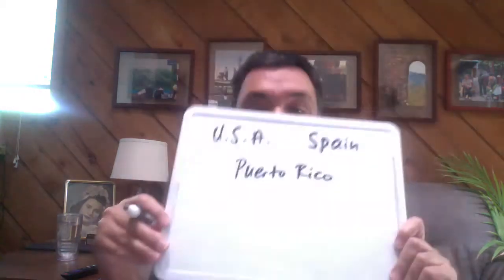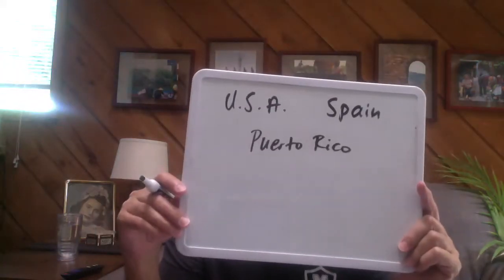So negotiations lasted until December. October, November, so 3 months of negotiations, all right? Spain gave up Cuba, which you should obviously know by now, to give Cuba its independence, but they also gave up Puerto Rico, or as Americans say, Puerto Rico.